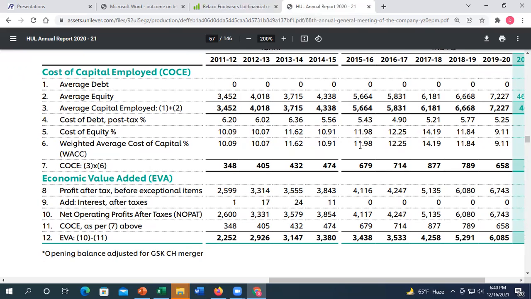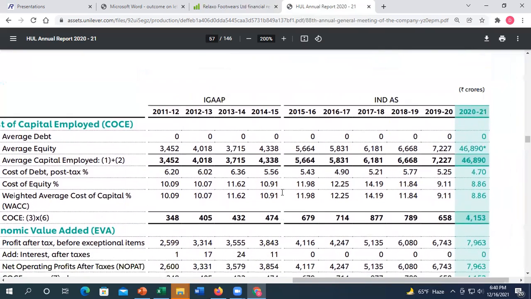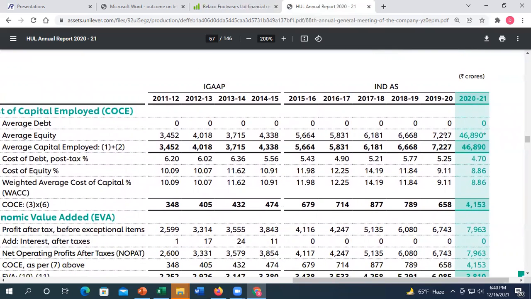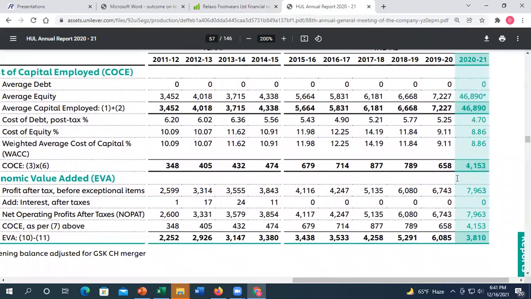The merger led to issue of shares by HUL to the shareholders of GSK. So the increase in equity is due to the merger of GSK and HUL. And some may ask why the company went for a merger? That's a different question. We are not dwelling on that in this presentation.